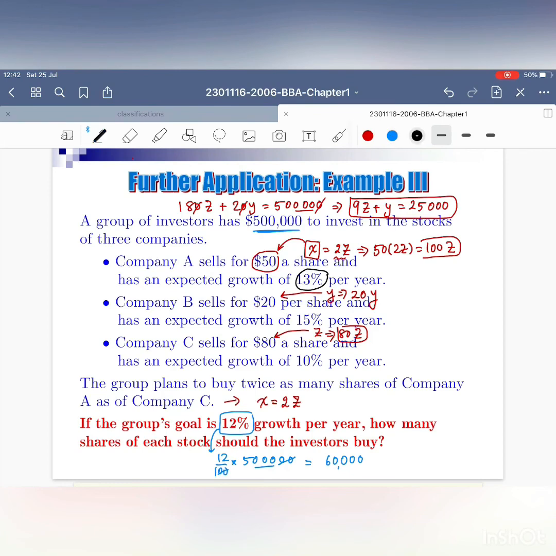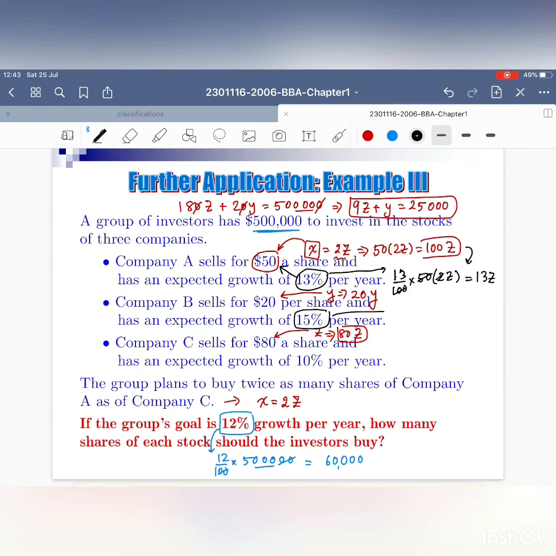So here it is a growth by 13% of this much, right? So it is 13% of 50, but you buy a total of 100Z. Sorry, how many stocks do you buy? 2Z, right? So this one is 100, right? So it is 13Z as the money that your first company generates in growth.